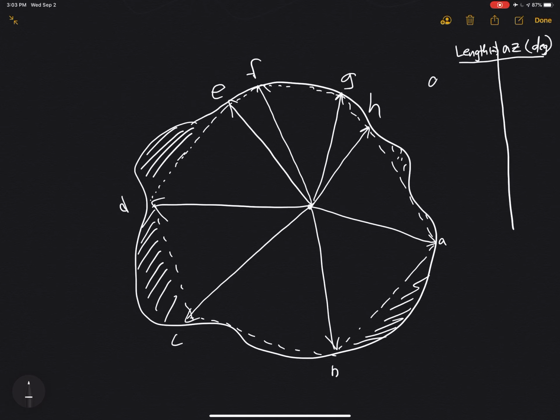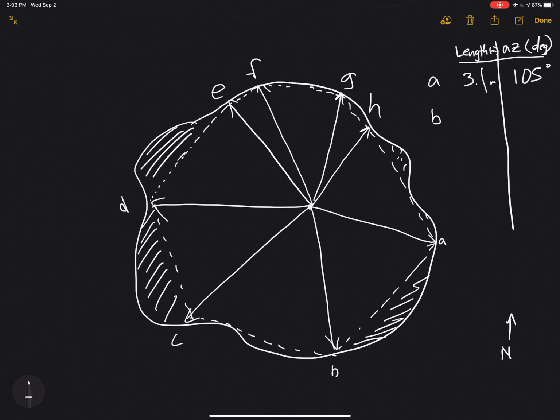For A, our length, let's say that's about 3.1 meters. And the azimuth is just past east, if north is up on our screen. So the azimuth is just going to be a little bit past 90. Let's call that 105 degrees.